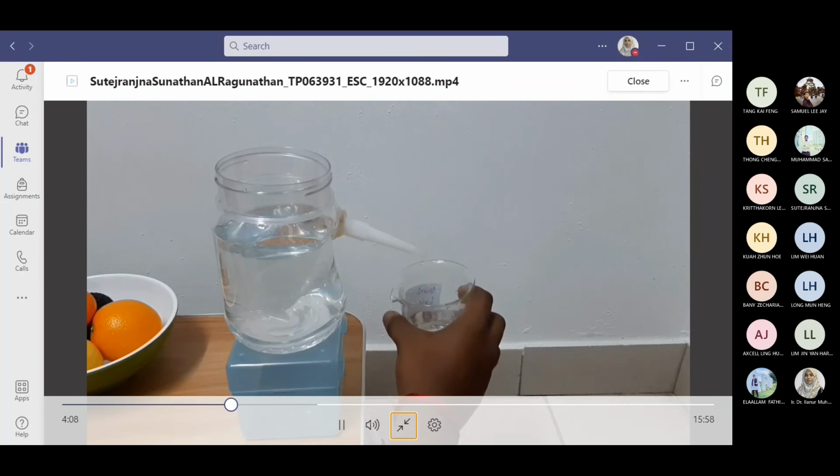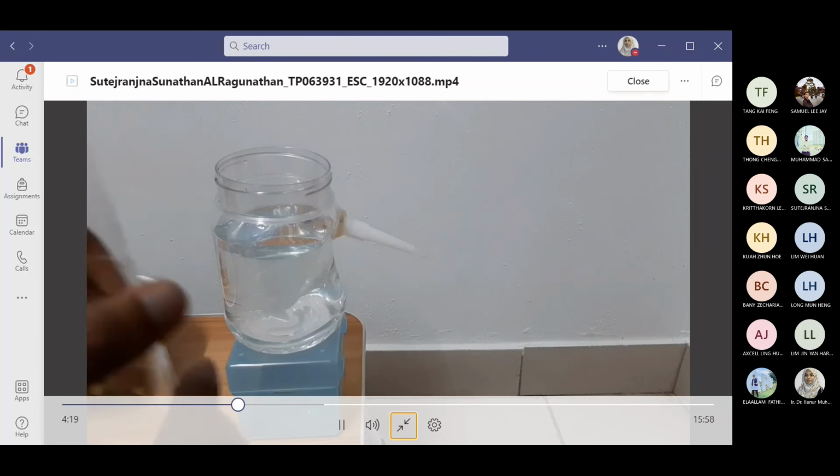As you can see, there's no more water dripping into the beaker anymore. Now I can switch the beaker with a measuring cylinder to start measuring the volume of the first object.